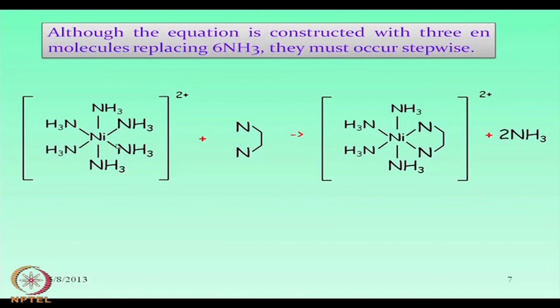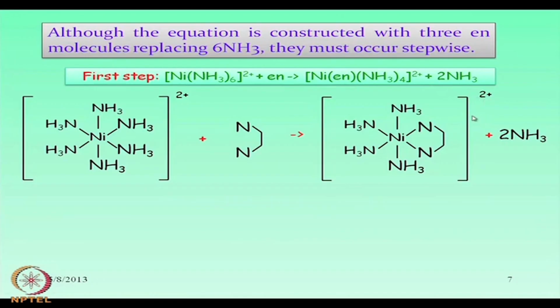Therefore, we consider that in the first step, one ethylenediamine molecule is attaching to the complex, but it is very difficult to isolate in the solid state and characterize by some structural methods or spectroscopic methods the species where the nickel center is bound to 4 ammonia molecules and 1 ethylenediamine, because this is some kind of intermediate species which is forming within the solution, and the stability of this particular intermediate is not so high that we can isolate it by using some other anion.